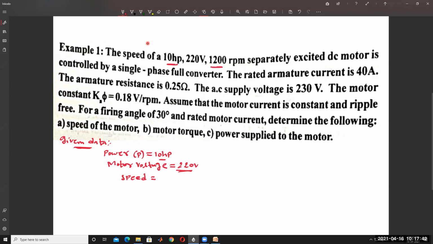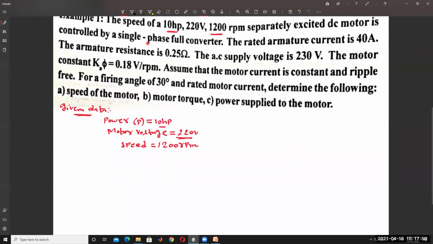The armature current Ia is equal to 40 amps, the rated armature current of the motor.